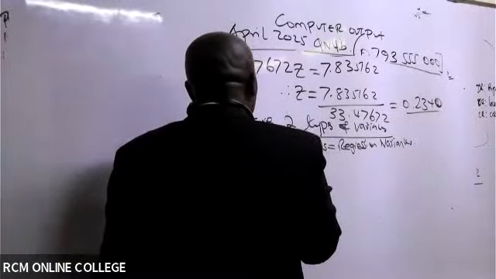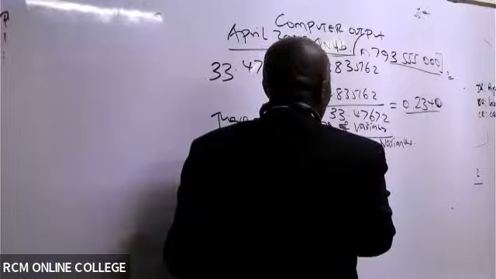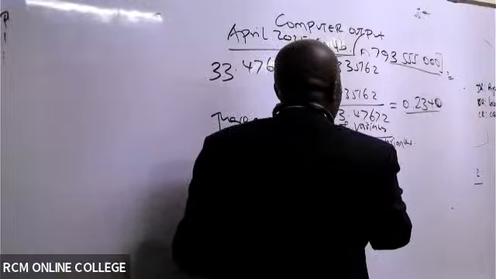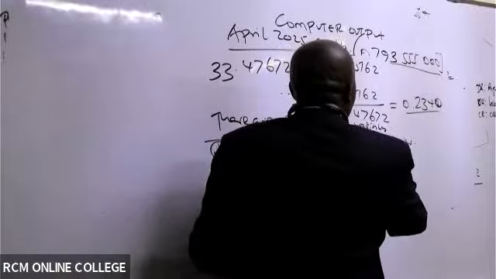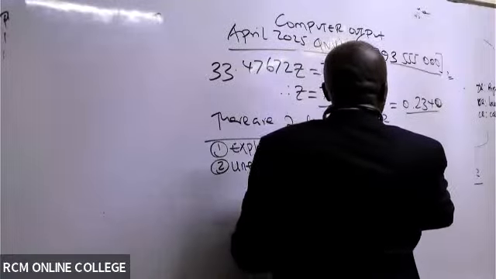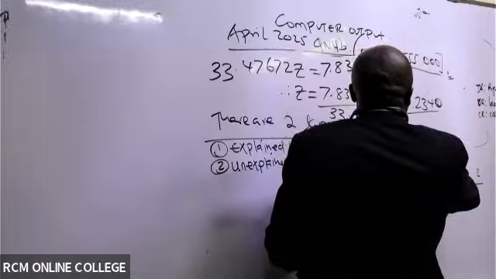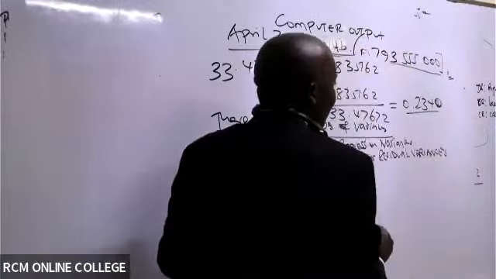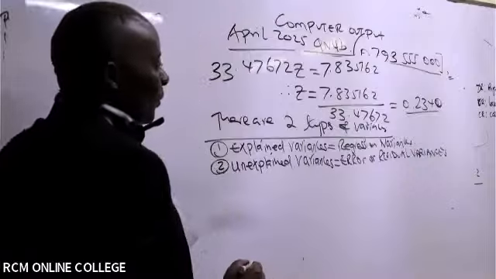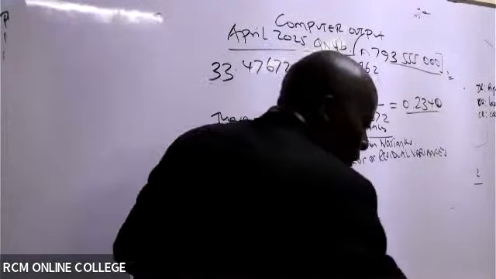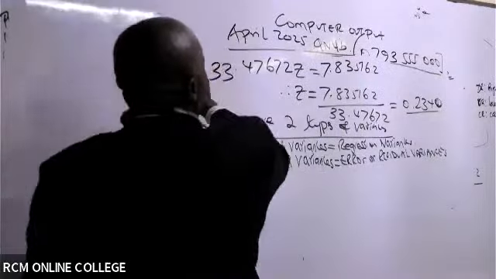And then number two, we have what we are calling unexplained variances. So these are the error or residual variances.